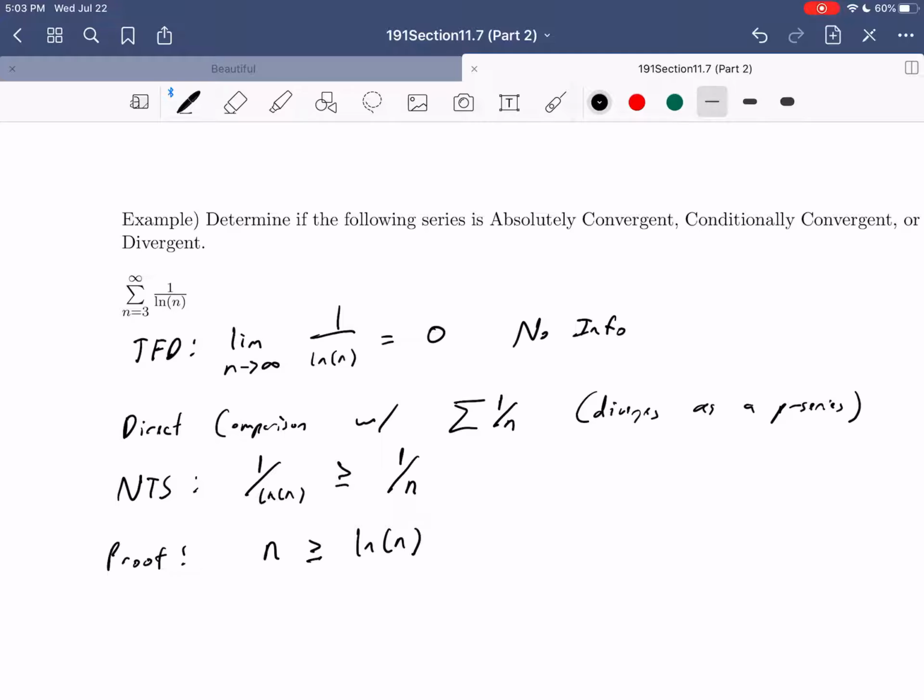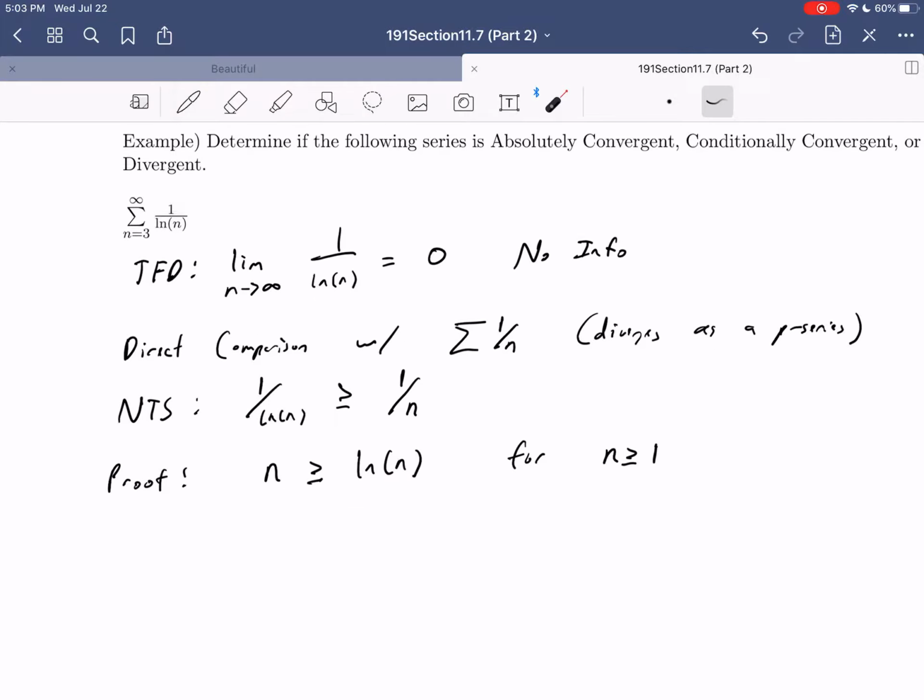It's technically true for n greater than or equal to 1, but that's definitely true, right? If you take the natural log of something, it's going to make it a bit smaller. And then, of course, if we do the reciprocal, if I divide this over here and divide this over here, then certainly I would get that 1 over ln of n is greater than or equal to 1 over n.